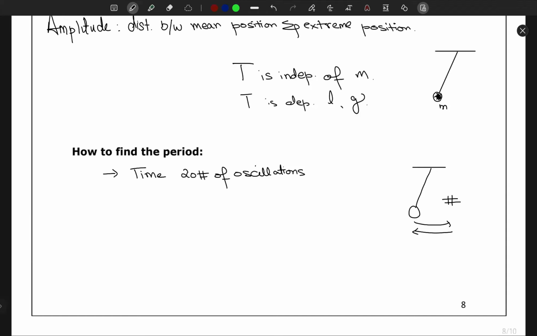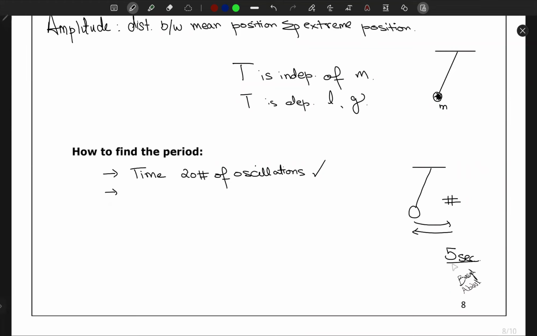This is just to understand how you find the time period, how you can measure time. So you time a number of oscillations; the more oscillations, the better the result. Then you repeat this. For example, 20 oscillations happen, I timed them, and let's suppose that 20 oscillations happened in 5 seconds.